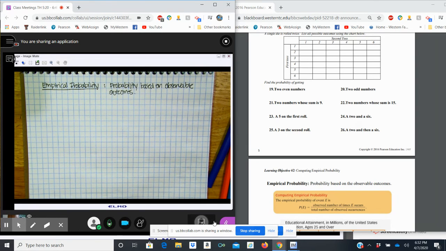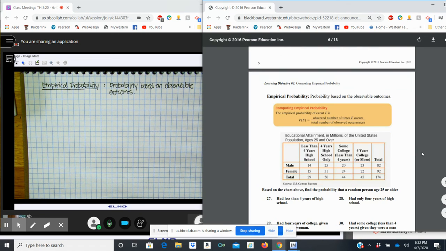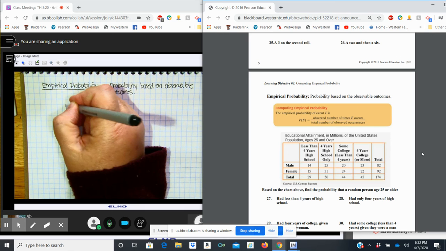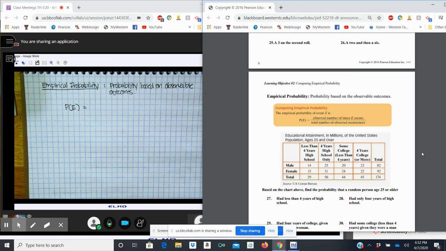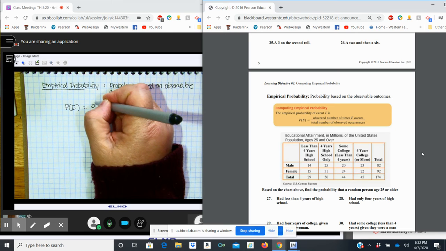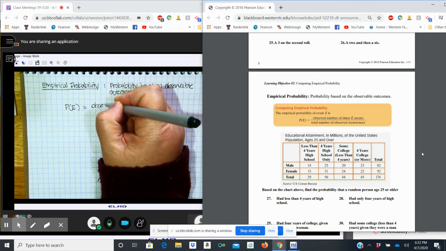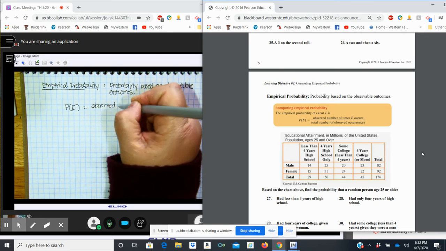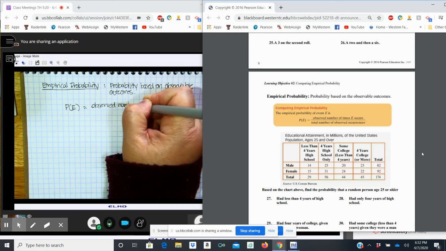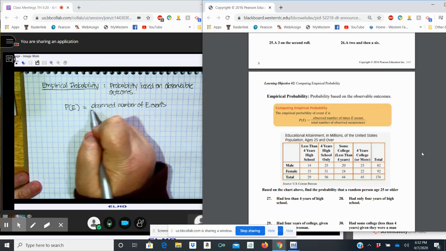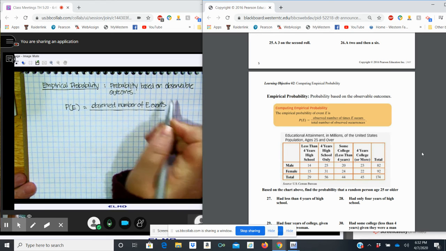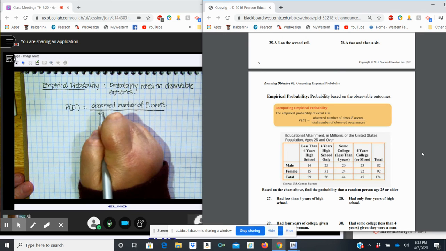All right. So it's probability based on observable outcomes, meaning the probability of any event is going to be equal to the observed number of occurrences compared to the total number of observations.